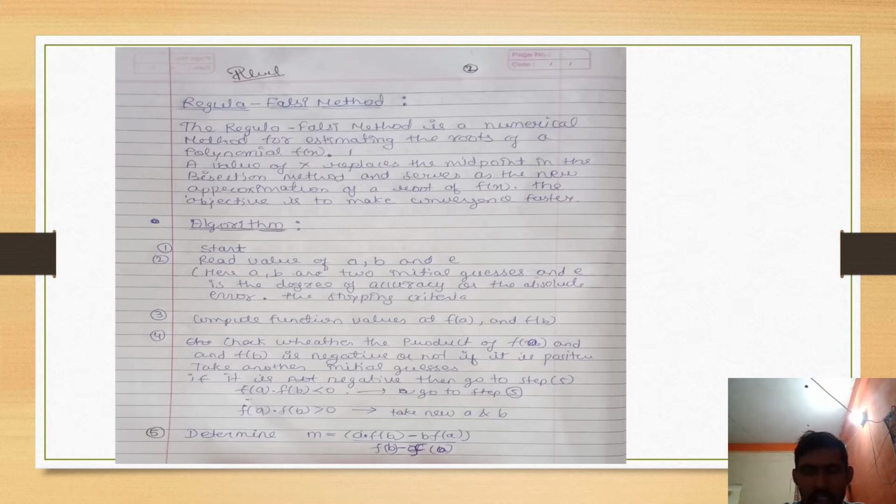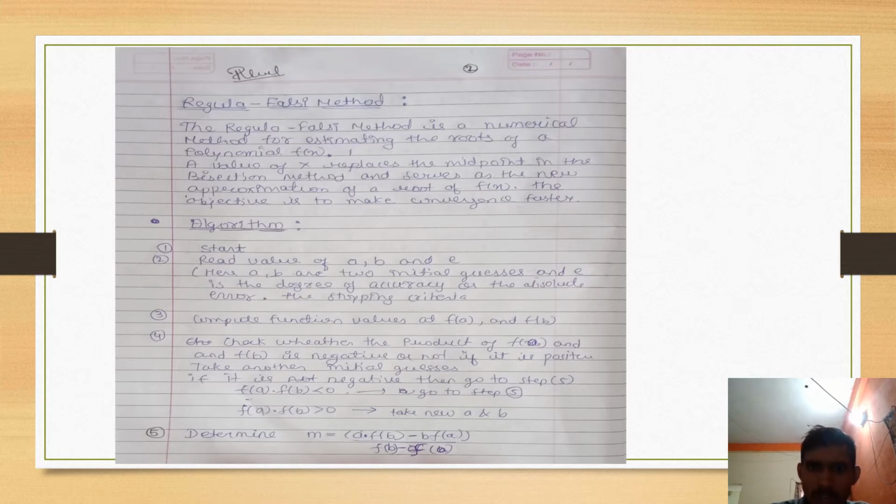Here we have two initial guesses. We are going to take two values in the polynomial equation, which are going to give a positive and a negative answer when we put them in the function.